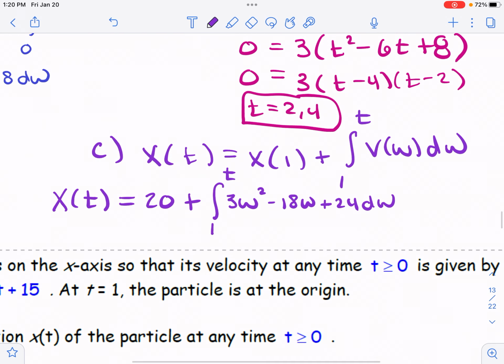Okay, now I can evaluate this by using the fundamental theorem as I did before. So an antiderivative of 3w squared minus 18w plus 24 would be w cubed minus 9w squared plus 24w, evaluated from 1 to t.